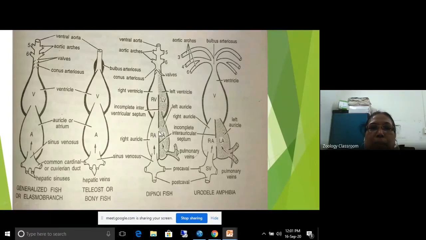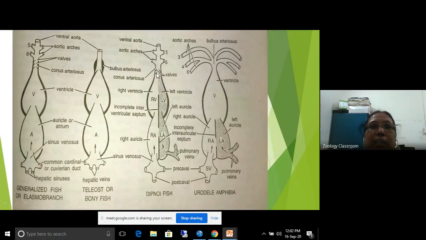mixed blood, and mixed blood then enters into the right ventricle, pure blood or venous blood, and this is the pure blood. In between them there is also presence of a partition, and this is called the incomplete interventricular septum.